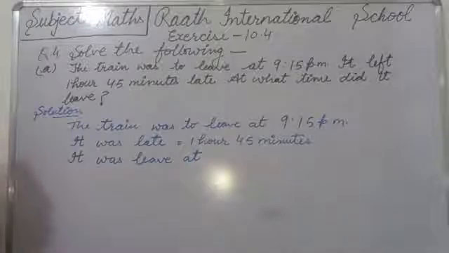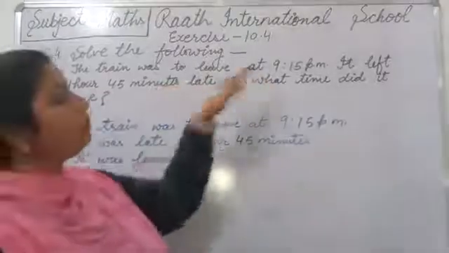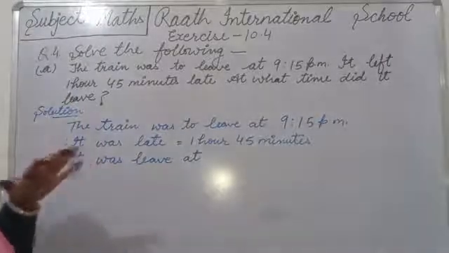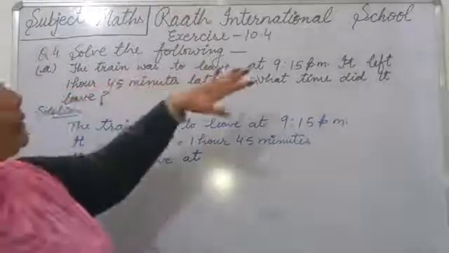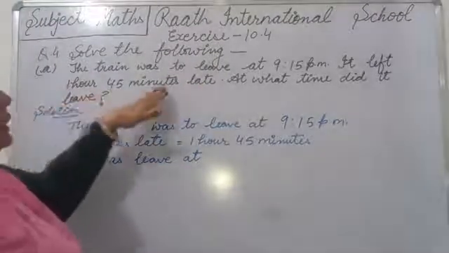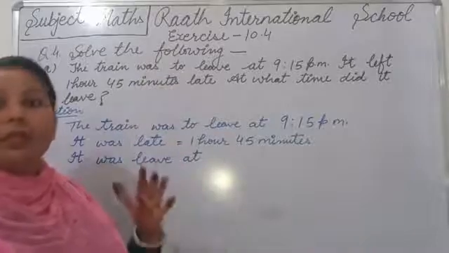The train was to leave at 9:15 p.m. The train was to leave the station at 9:15 p.m. It left 1 hour 45 minutes late. Okay, means its time was 9:15 but that was late by 1 hour 45 minutes.